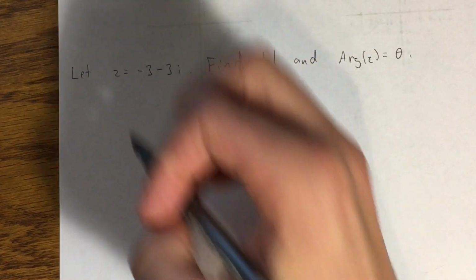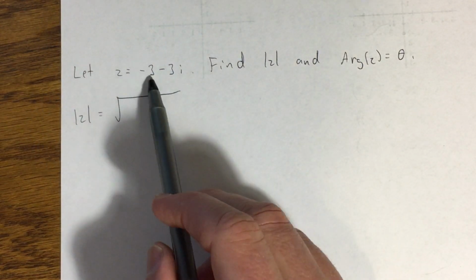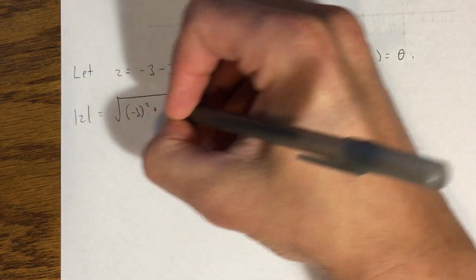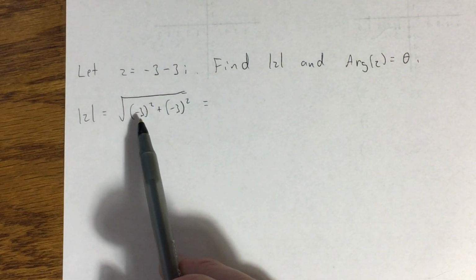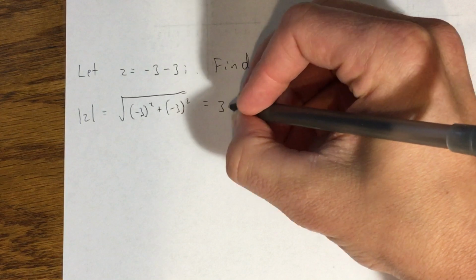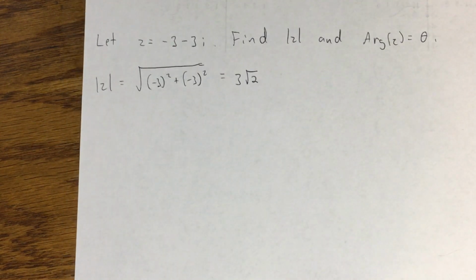Okay, so again, magnitude, same idea. Magnitude of z would equal the square root of the sum of the squares of the real and imaginary parts, negative 3 squared plus negative 3 squared. This would be 9 plus 9, or 18, which simplifies to 3 root 2. That's the magnitude of this complex number.